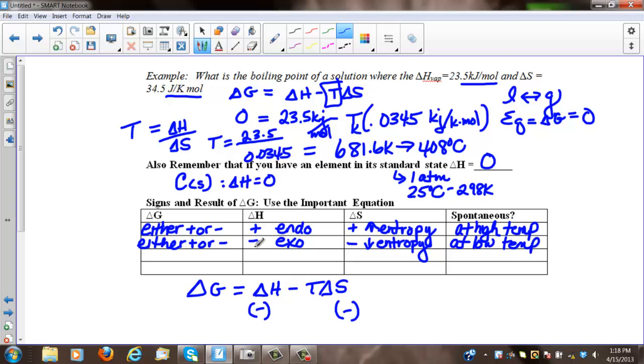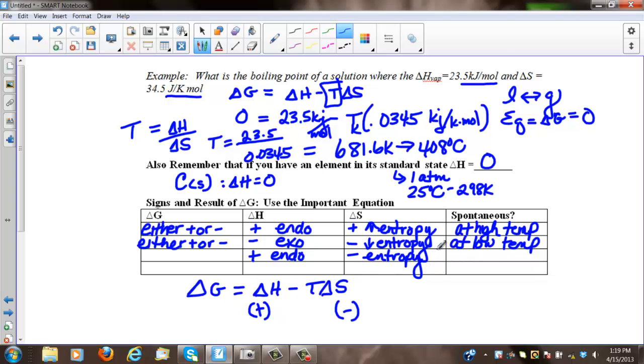Okay, if I have an endothermic reaction and I have negative entropy, so delta H is positive, and this is negative, then no matter what I do, regardless of temperature, my delta G will be positive.